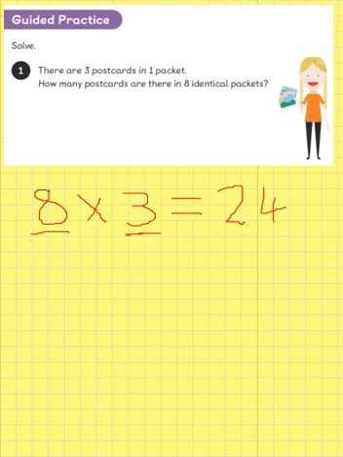So I believe that the answer is 24, because the question is asking me how many postcards are there in total in 8 identical packets. So the answer is 24. Hopefully you managed to get the same answer. Maybe you saw it a lot quicker than I did and you worked it out straight away. If you did, well done. If not, hopefully my explanation might have helped you. So we'll have a look at the next question, and again we're going to answer that one together.